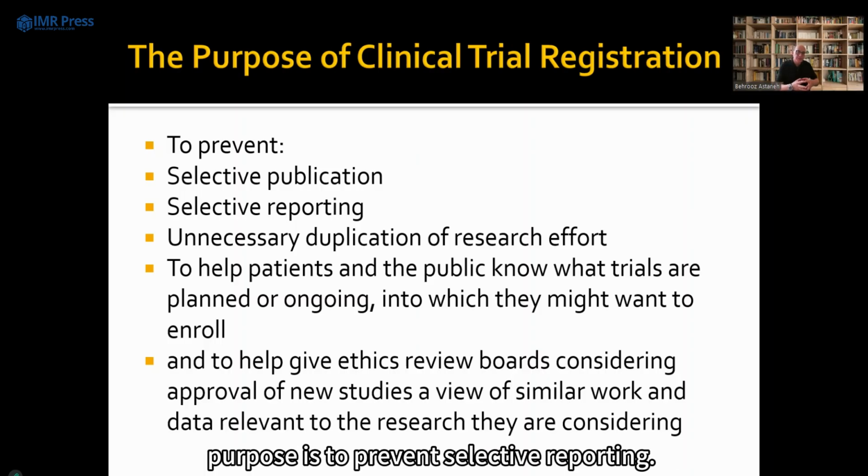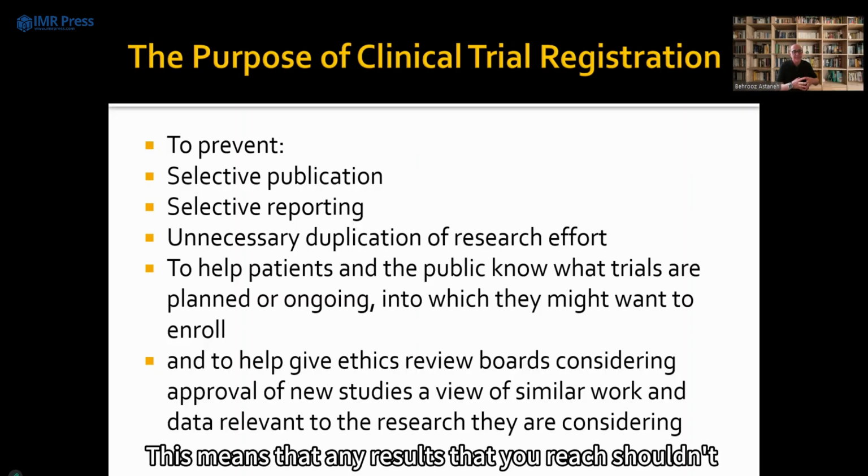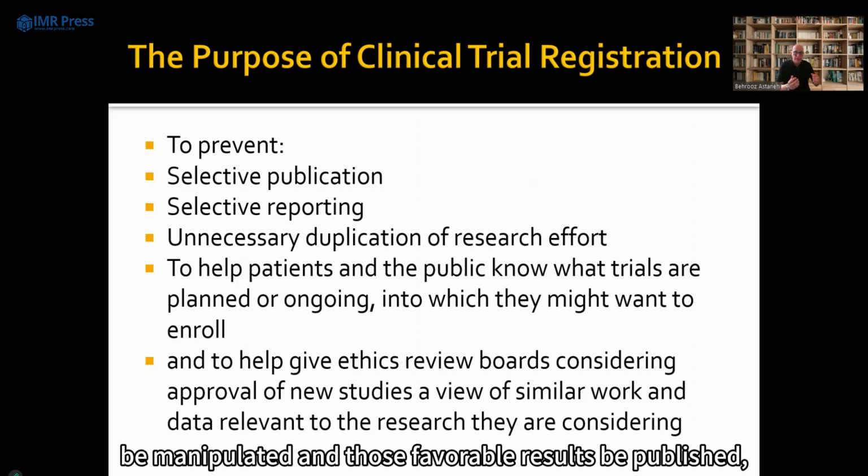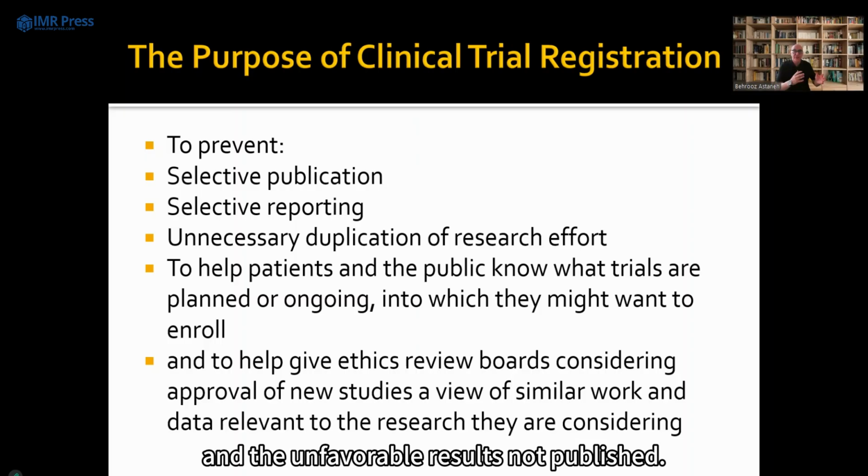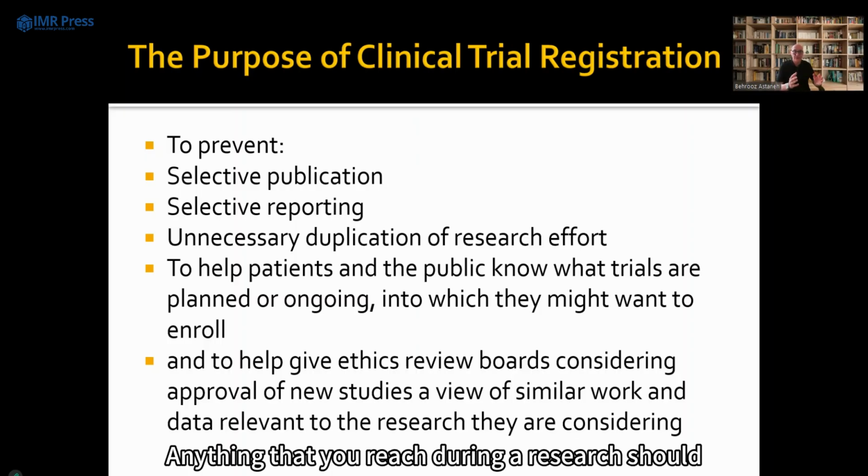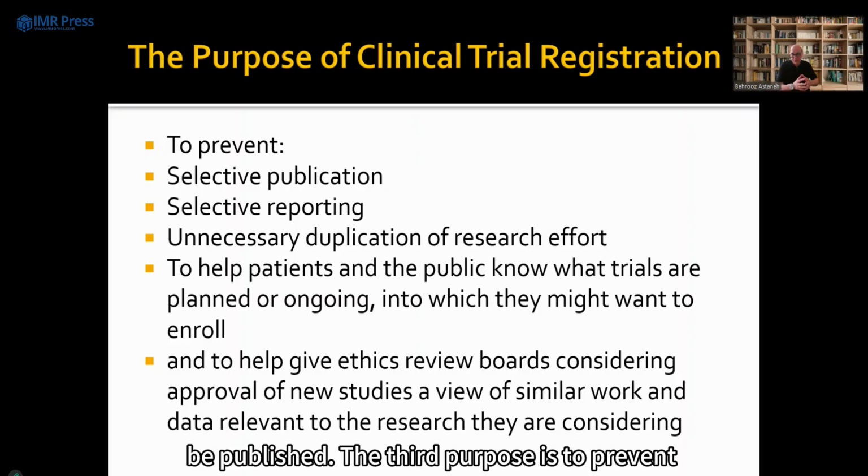The next purpose is to prevent selective reporting. This means that any results that you reach shouldn't be manipulated, with favorable results published and unfavorable results not published. Anything that you reach during a research should be published.